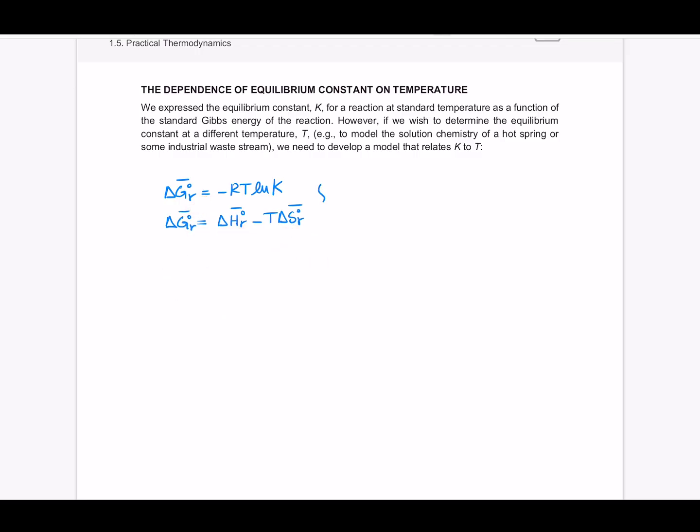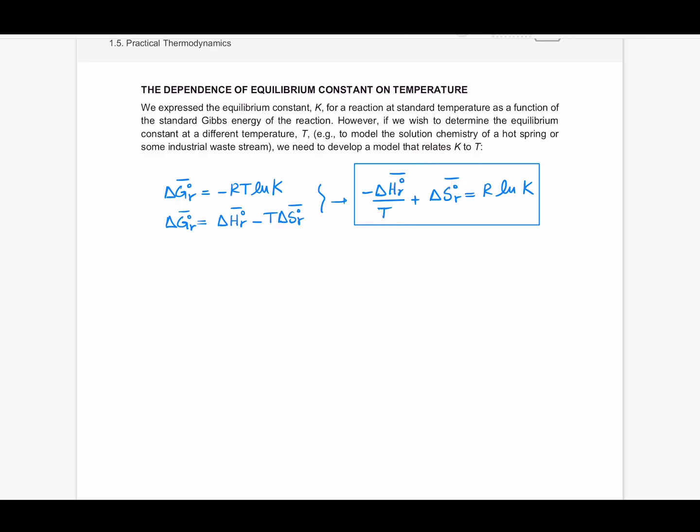So if we combine the two, we get to minus delta H R divided by T plus delta S R to be R ln K. So this relationship is pretty useful. It does the job to calculate the K value at any temperature using temperature independent parameters.